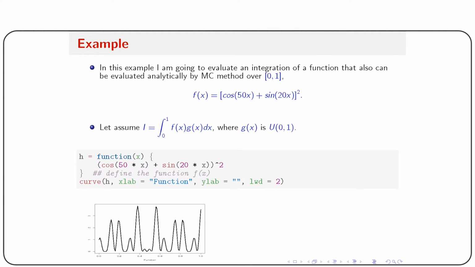Let's start with a very simple example. In this example, I am going to evaluate an integration of a function that can also be evaluated analytically, by the MC method over 0 to 1.